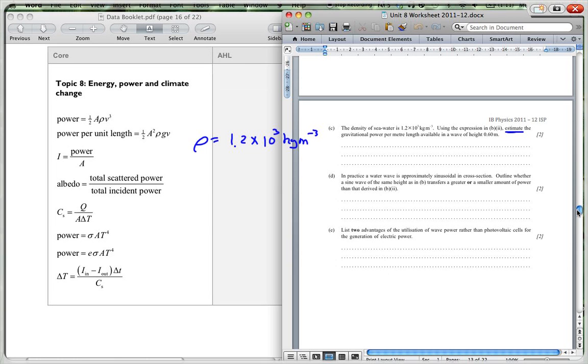Now, when I take the formula that I have, let me just work over here. I have that my power is equal to 1/2 a squared v g rho. Now I've got my a.